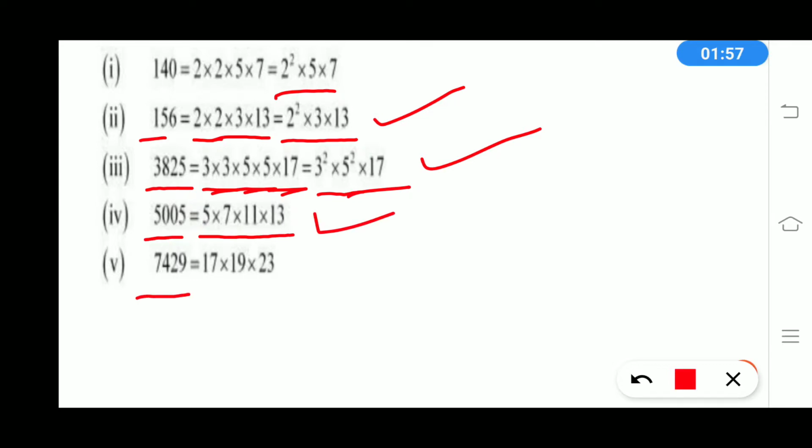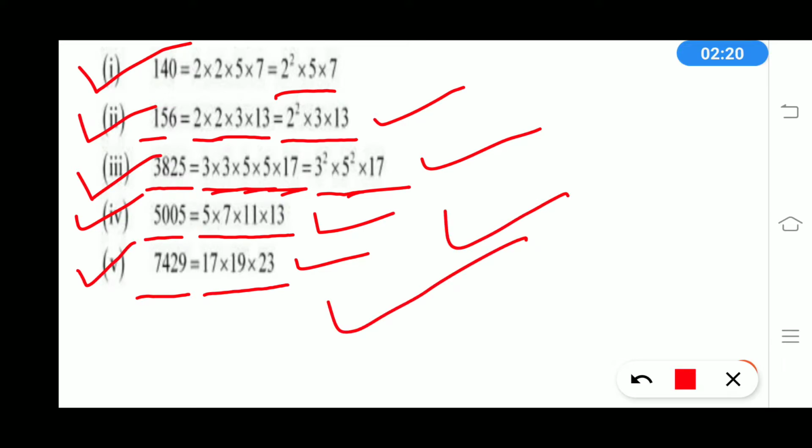Again, 7429, that means 13 into 19 into 23. So all are primes and different. So this is the answer. So 140 first one, next 156, 3825, 5005 and 7429. Okay, clear?